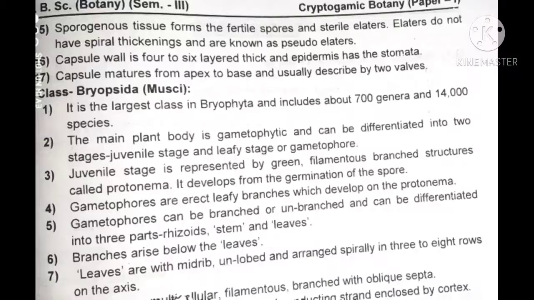In the sporophyte, the sporogenous tissue develops the spores. All spores are the same, that is, homosporous in nature. There is also development of sterile elaters. The capsule wall shows many layers, and the outer epidermis is present with stomata.